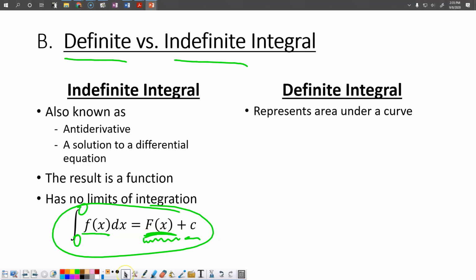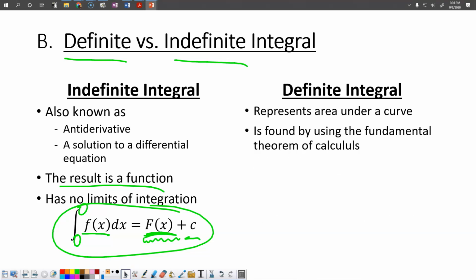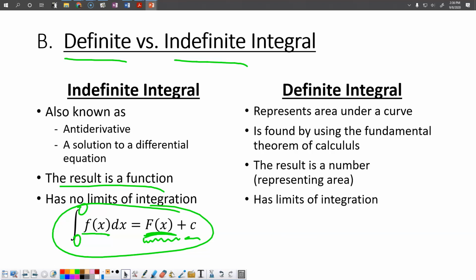Now, a definite integral, it's not just a function anymore. Whereas this one, the result is a function. When you do a definite integral, it actually represents the area under the curve. It can represent other things too, but for now, that's all we're going to focus on. It's found by doing the fundamental theorem of calculus, and what that means is after you integrate, you plug in your upper and lower limits, which means that it does have limits of integration on it.